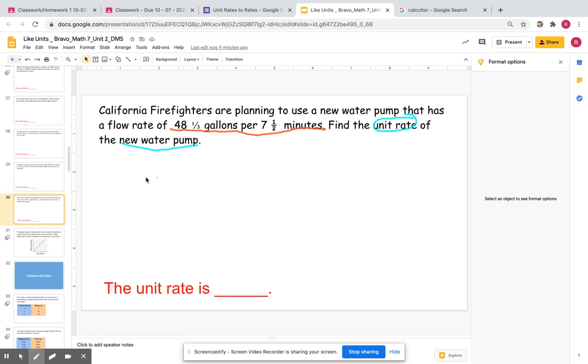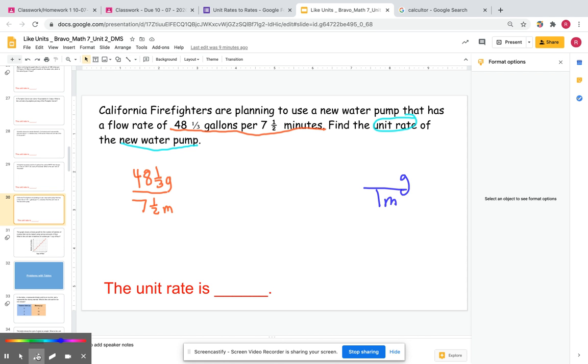They told you that there's 48 and 1/3 G for gallons over 7.5 minutes, M for minutes. And remember, we're trying to find the unit rate. The unit rate is represented by a 1 in the bottom, in the minutes. And we don't know what the number on top will be. So that's what we're going to find out.